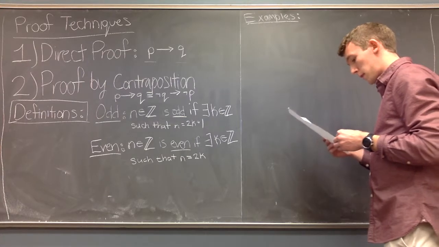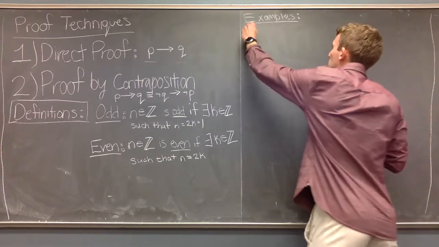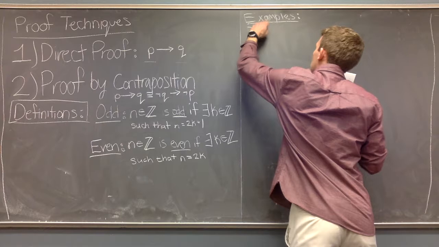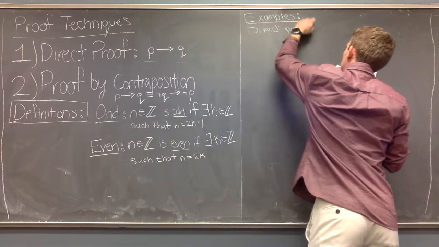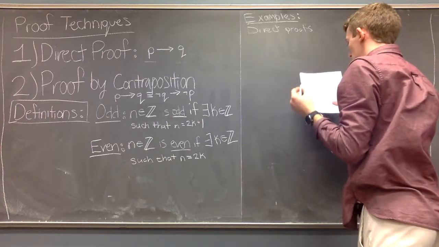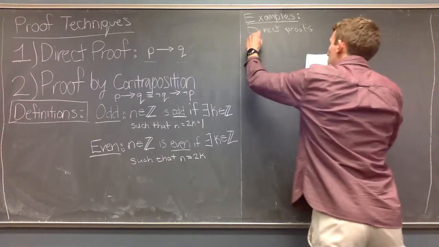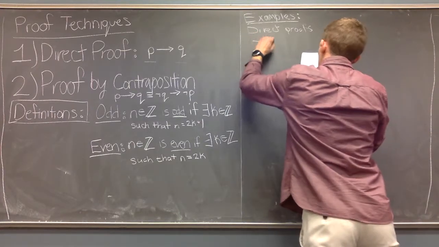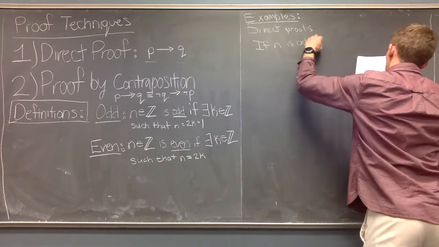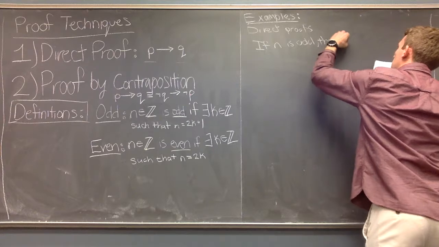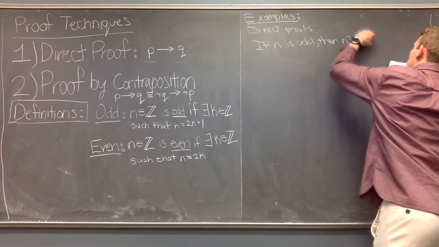Alright, so some examples. We'll start with direct proofs. So let's see if we can prove that if n is odd, then n squared is odd.